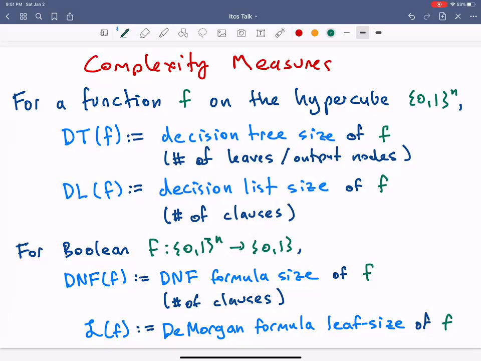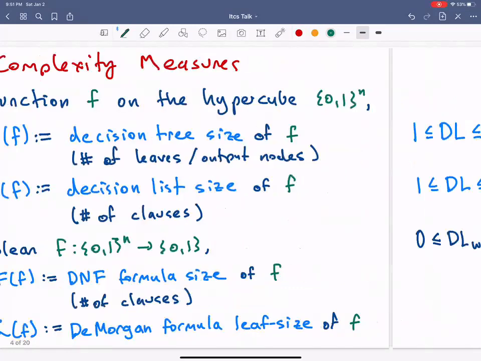Without loss of generality, you can always take the final clause in a decision list to be the empty clause, but we still count that toward size. For Boolean valued functions f, we additionally define the minimum number of clauses in a DNF formula that computes f, and L(f) denotes the De Morgan formula leaf size of f.